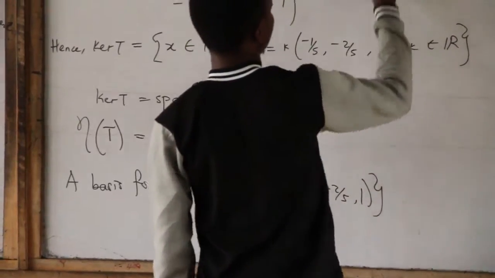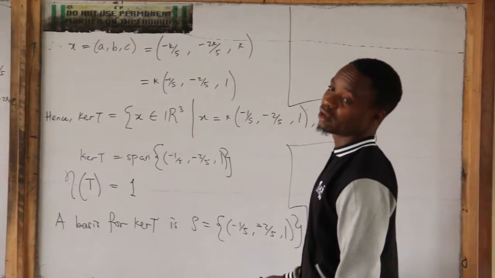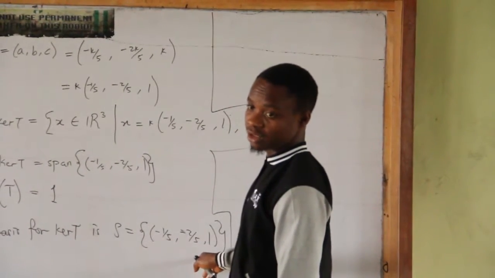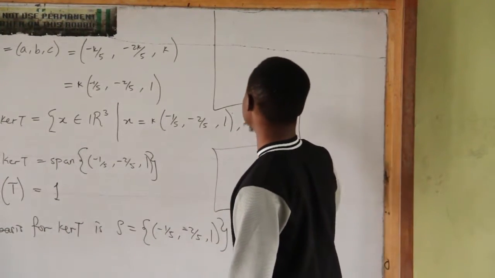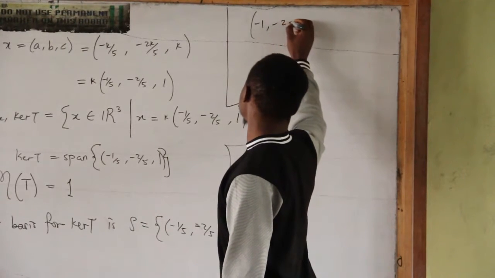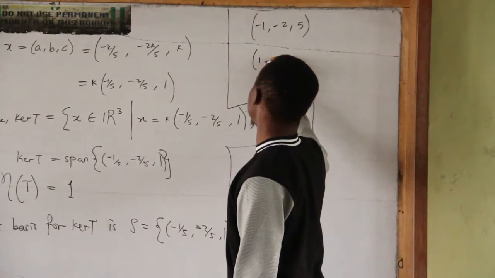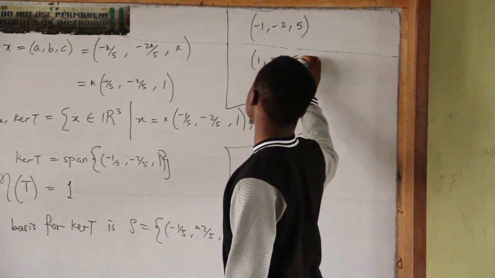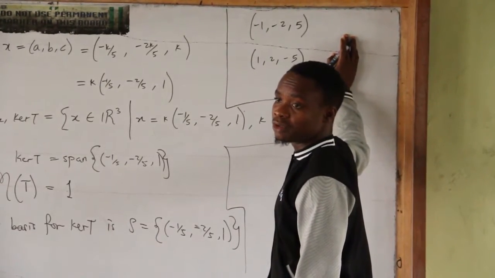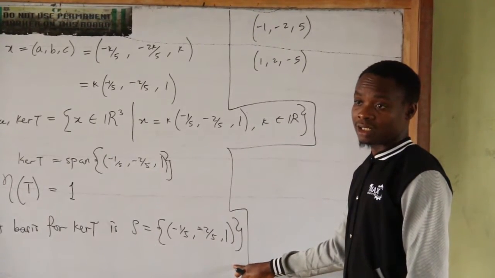If this were an OBJ question, you may not see this in the option. You may see other things like minus 1 comma minus 2 comma 5. You may also see something like 1 comma 2 comma minus 5. Pay attention, look at the board. You can see that they are the same. Do you understand this?